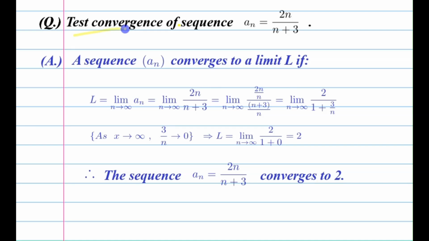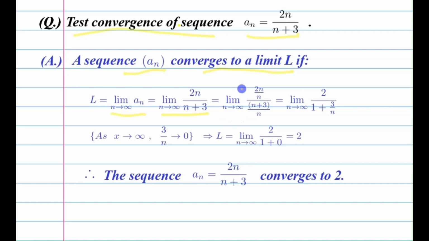In this question we have to test convergence of the sequence a n equal to 2n divided by n plus 3. A sequence a n converges to a limit L if L equals limit n tends to infinity of a n. So limit n tends to infinity of 2n divided by n plus 3.